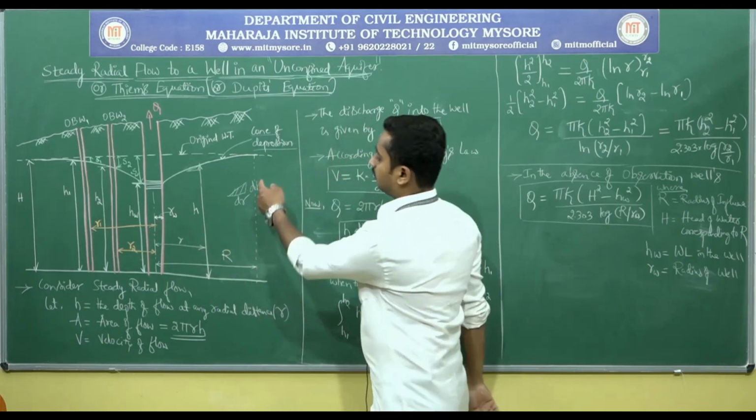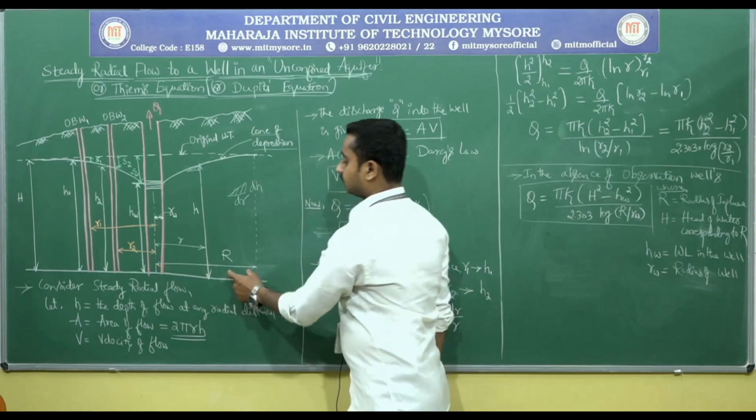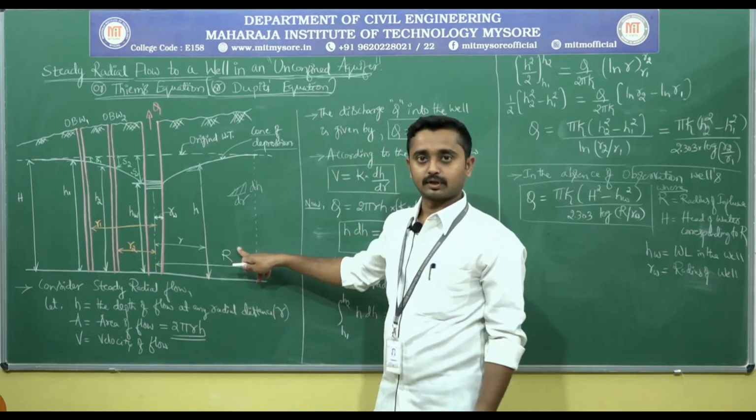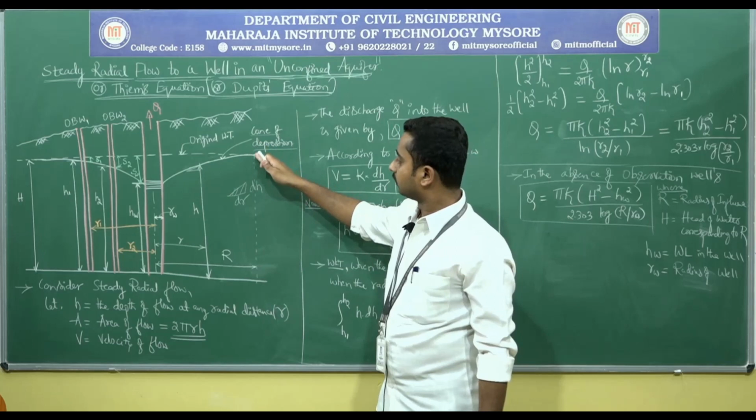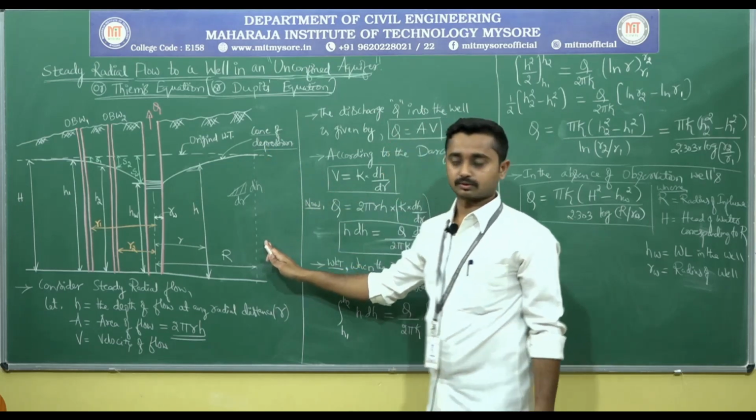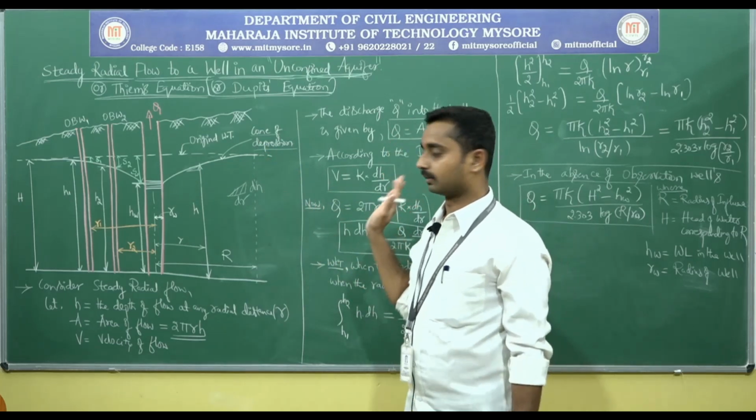From the center of the pumping well, the radius of influence R extends to the end of the cone of depression. Carefully observe the diagram.